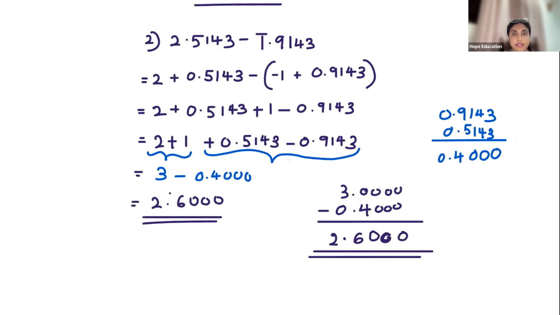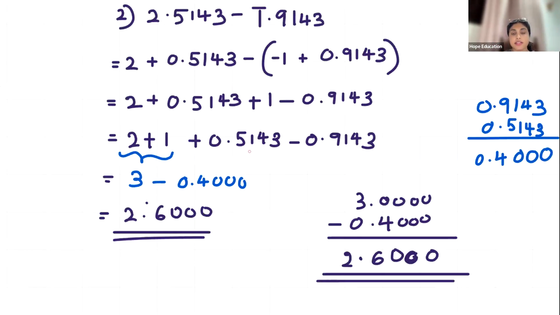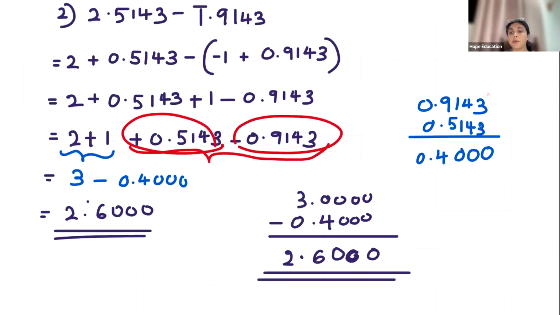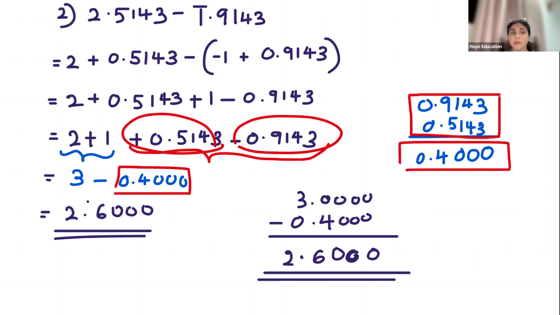Look at this. With different signs, when adding and subtracting, we subtract the small number from the big number. From the big number 0.9143, I subtract the small number, which is 0.5143. Then I get 0.4000. Then we put the sign of the big number. The sign of the big number is minus, so I put minus here. Hasindu, is it clear?